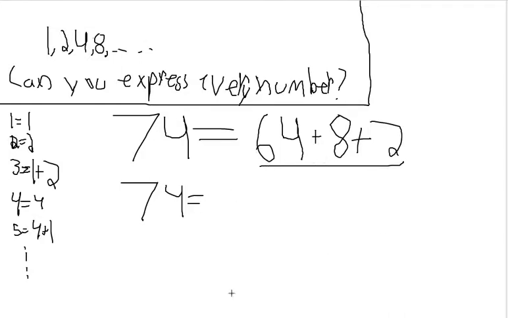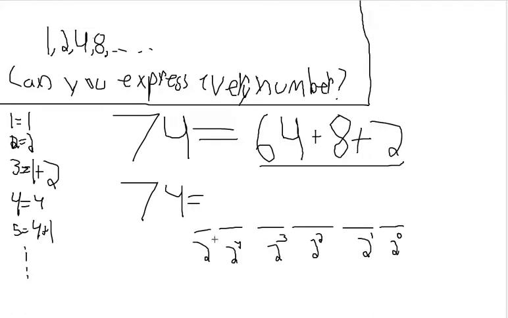Well, the way you convert things to bases, if you're not familiar, is you start with 2 to the 0, then plus 2 to the first, plus 2 to the second, plus 2 to the third, 2 to the fourth, and then we're going to need to go all the way to the sixth for this one.